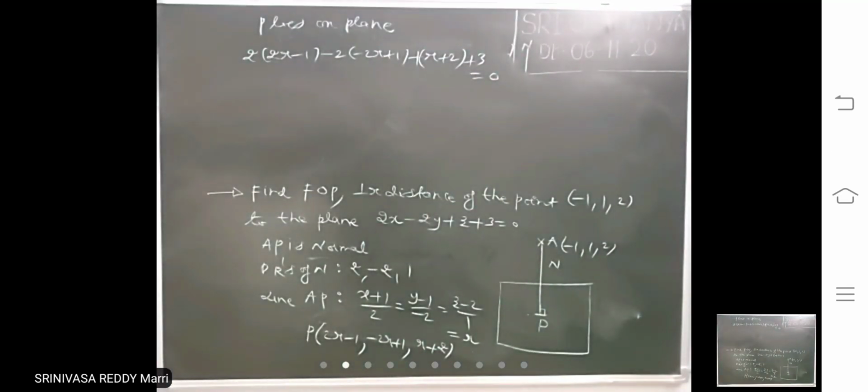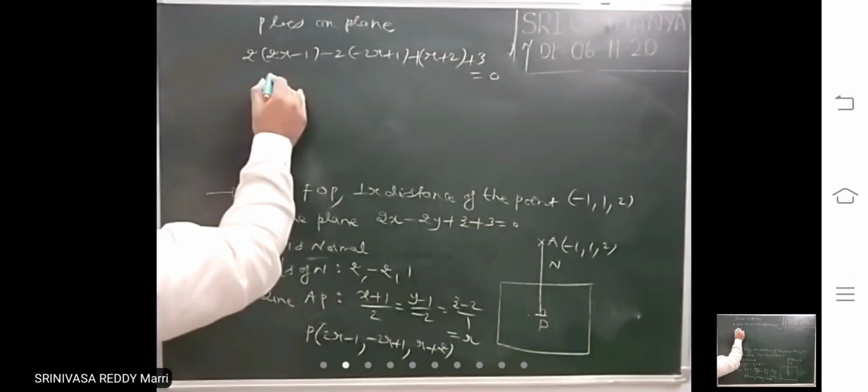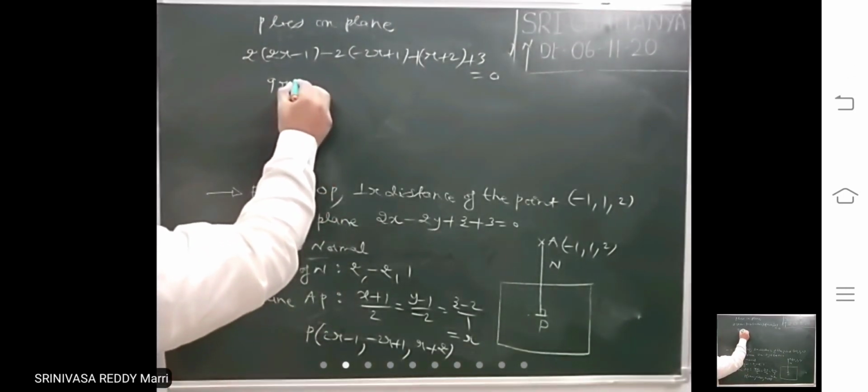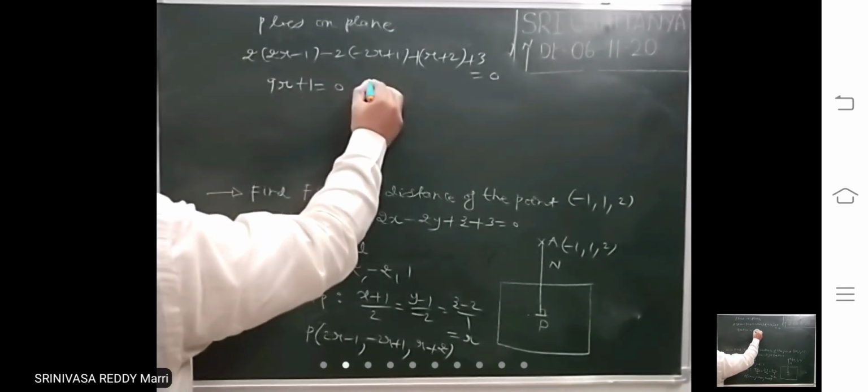That means you will get 4R plus 4R plus R, 9R. So 9R, minus 2 minus 2 minus 4 minus 4 plus 5 plus 1 equal to 0.